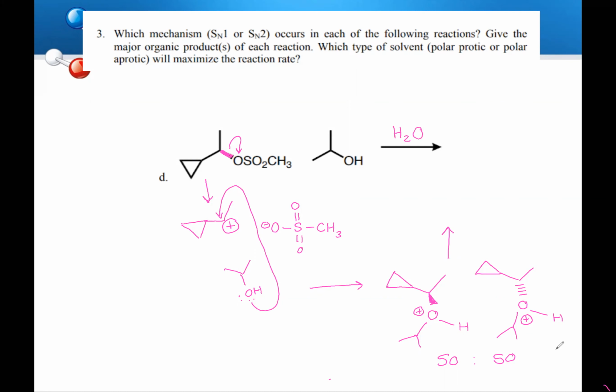We can have that water come in and deprotonate, and that will give us our final products. All right, does anybody have any questions on that? Does that make sense?